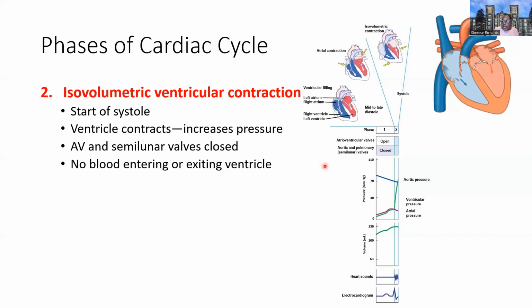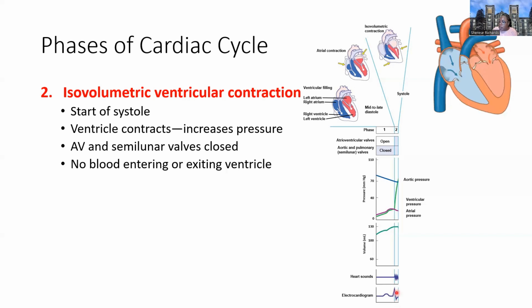If we look at our pressure and volume curves down here, the aortic pressure is still low because the semilunar valve has still not opened. The ventricular pressure has now begun to rise. Notice how it's steeply rising. This is when the ventricles really contract, which is indicative of our QRS complex down here.